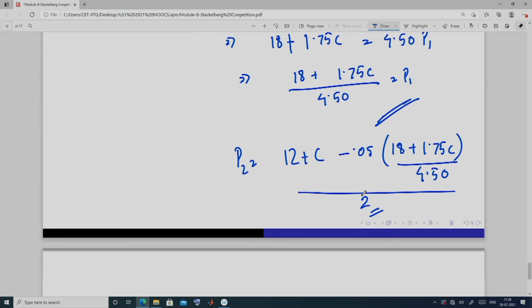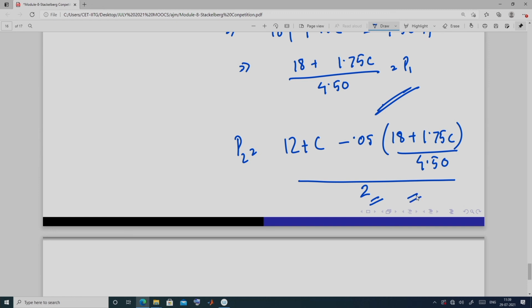Okay. So, we get this in stage 2 and this in stage 1. So, these are the subgame perfect Nash equilibrium prices in this price competition. Okay.